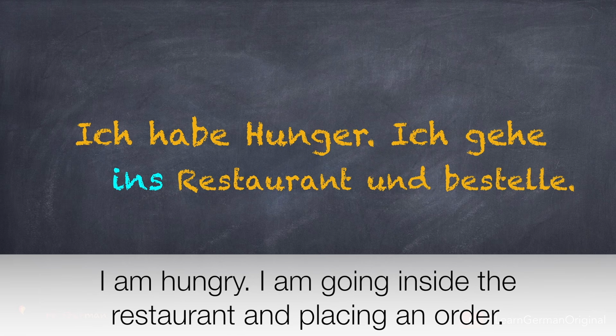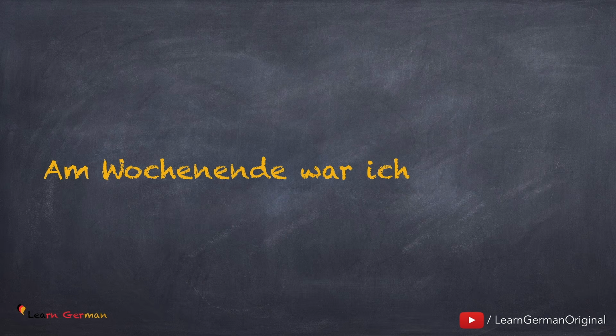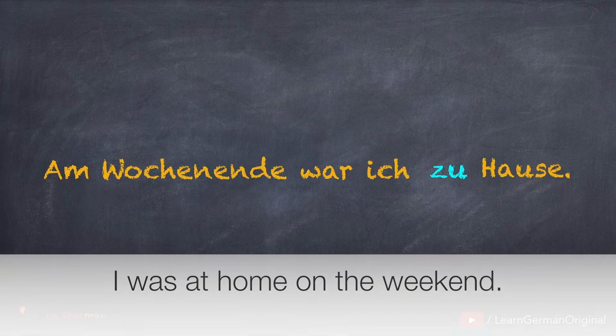Hence, ins is a more appropriate answer. Here's the next one. Do remember, Hause is an exception. It either takes nach or zu. You have to put up the correct question. Wohin oder wo? And your answer should be Am Wochenende war ich zu Hause.